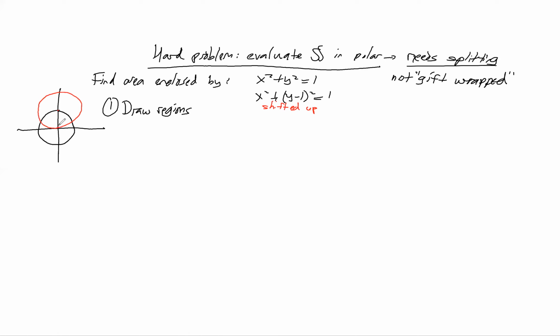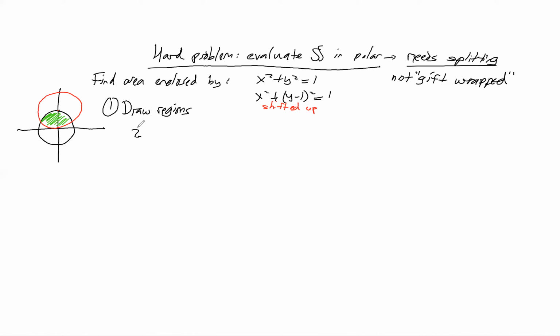And then the region that we want lies in between. You'll see why this is kind of hard in a minute, but I'm just going to lay out the steps that I would do to solve this. And this will hopefully systematize the process for you.